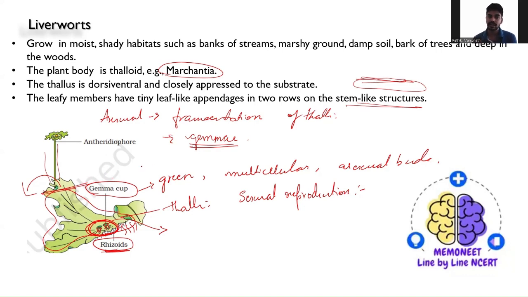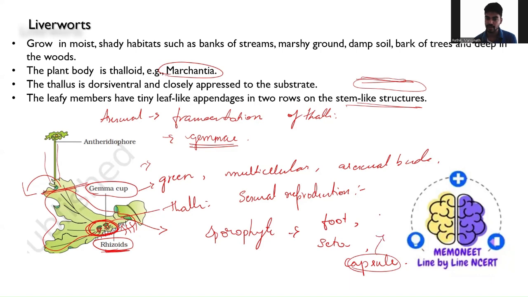seta, as well as capsule. After meiosis, the spores are produced within the capsule.